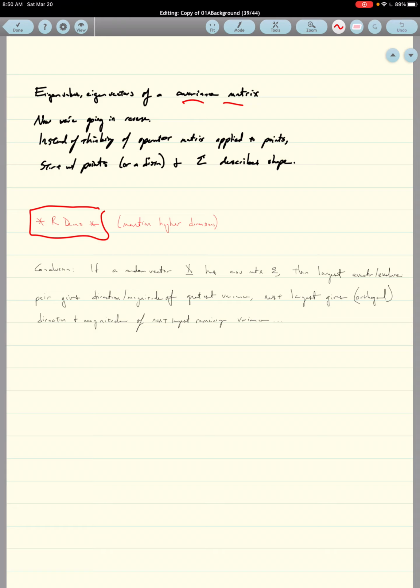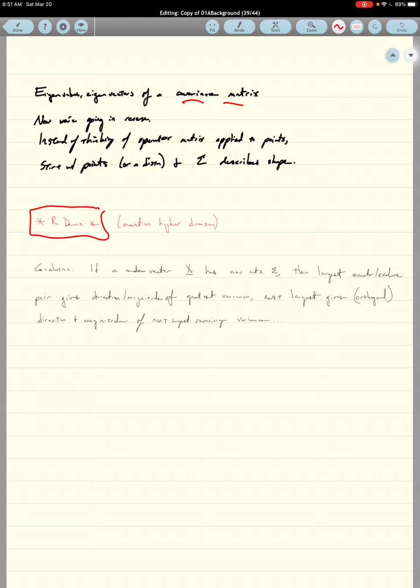The cloud of points is going to be oriented in the directions of the eigenvectors, and the magnitudes of the cloud of points are essentially described by the eigenvalues. So please run that R demo and get a feel for how the eigenvalues and eigenvectors of a covariance matrix describe the behavior of the points. In particular, I think you'll look at some variances and so forth, of course, given by the covariance matrix.